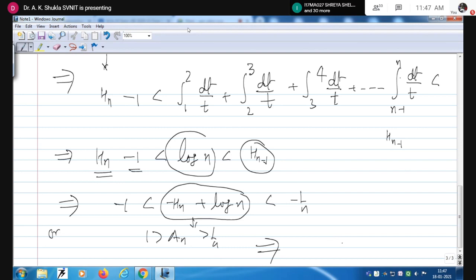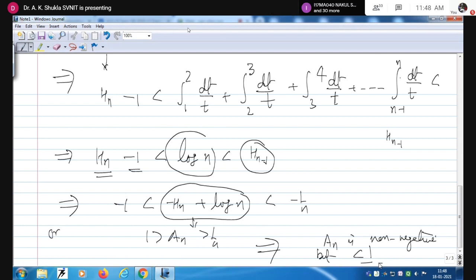So finally we can say this an is a non-negative value, but less than 1.